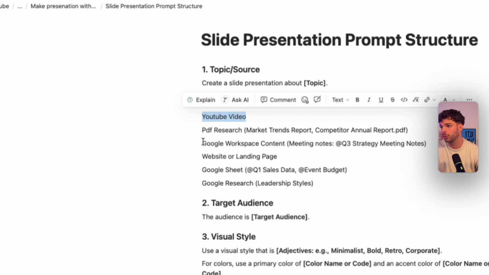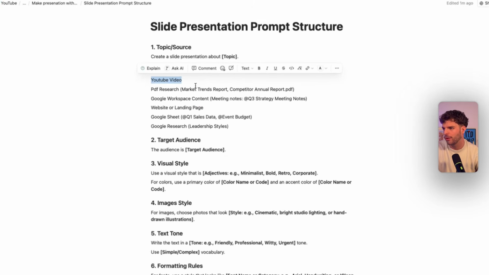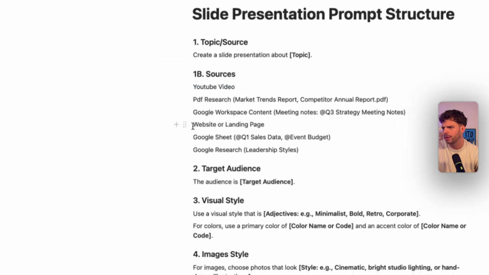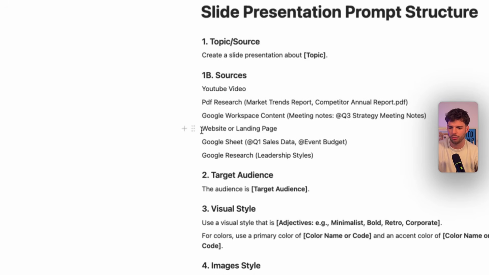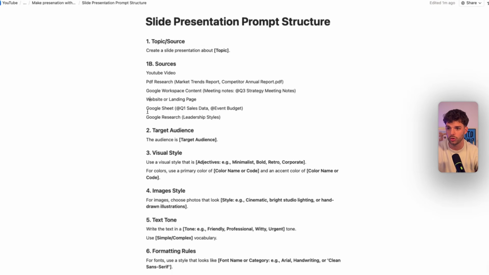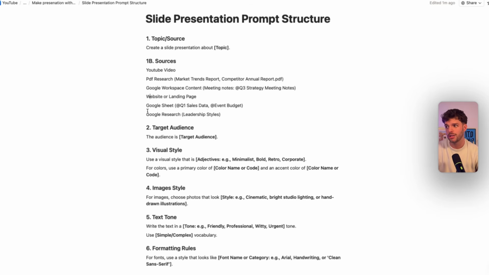For example, if you want to reference meeting notes which you have in your Google Drive, or if you want to reference a market trends report which you have in your Google Drive, you can also do that. But you can also use web pages. For example, create a company presentation based on this specific website, or Google Sheet data, create a presentation about Q1 sales data. You can use any source you want. So you don't need to describe everything. You can use an existing source, right? So this is step 1.